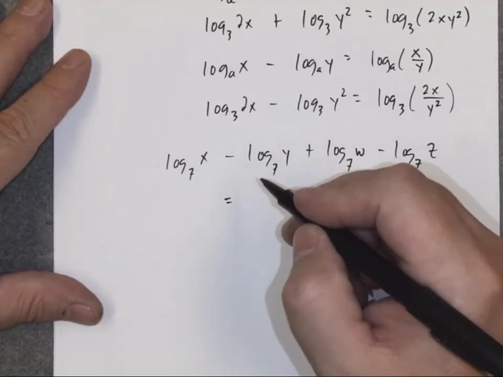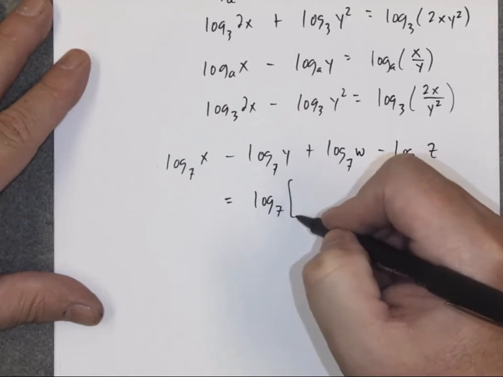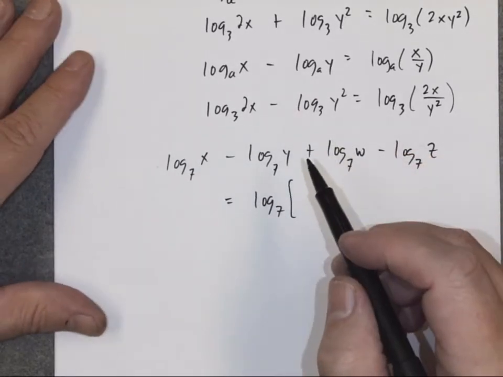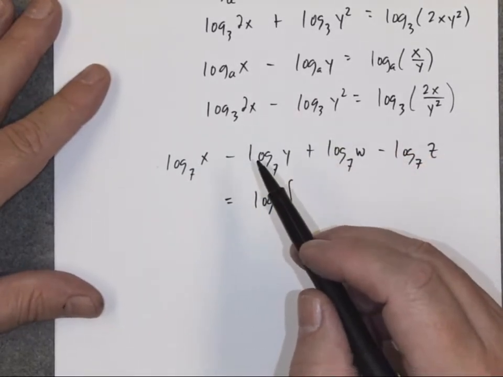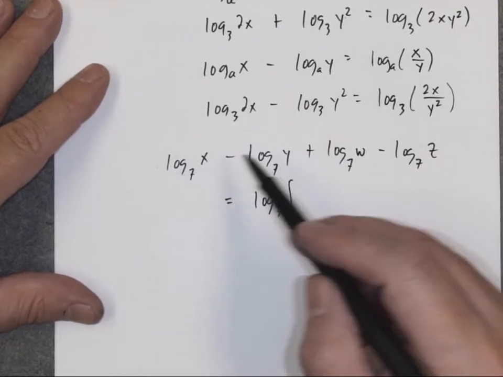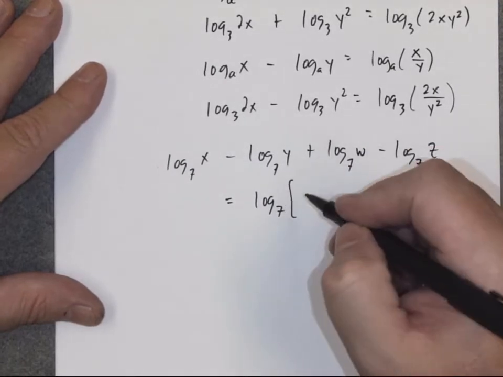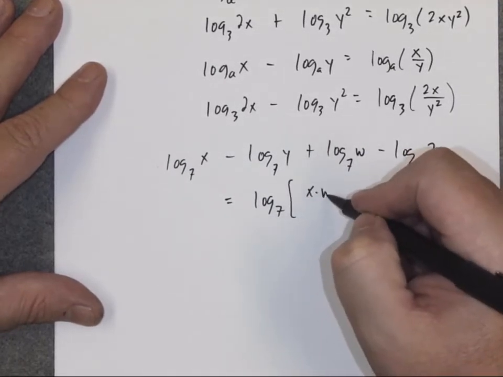So what do we do? Going to have one big log. One way you can think of it is whatever log terms are positive, either you're adding them or they're already positive, those are going to sort of go in the top.